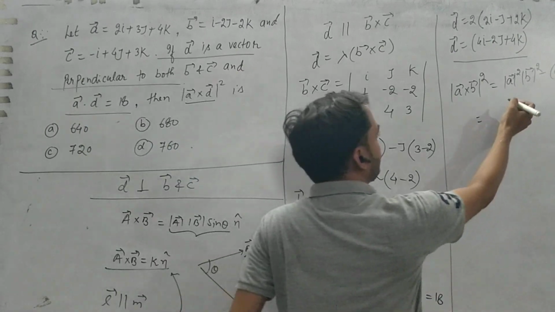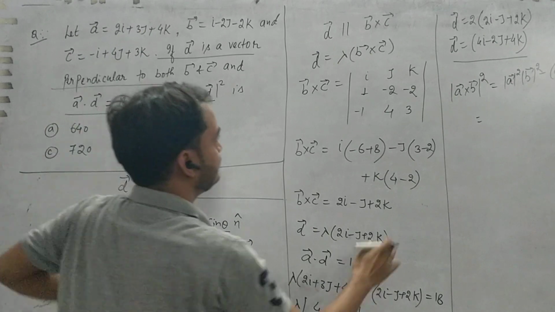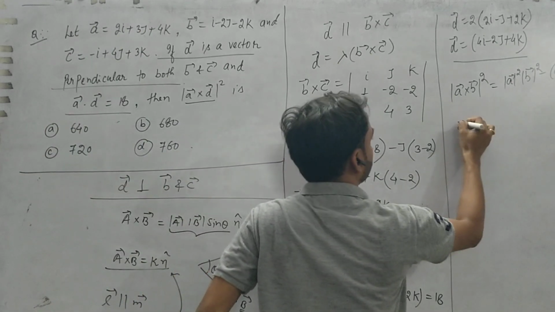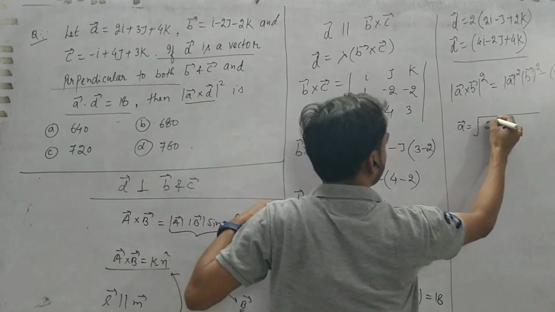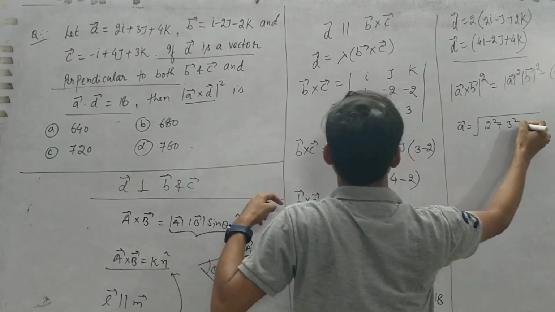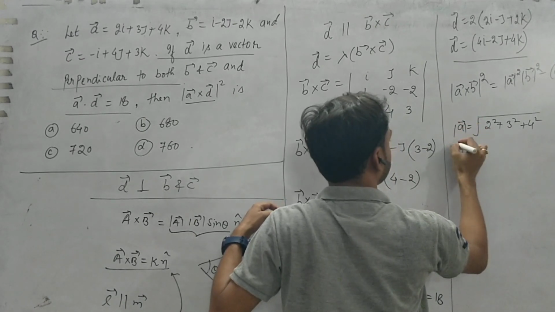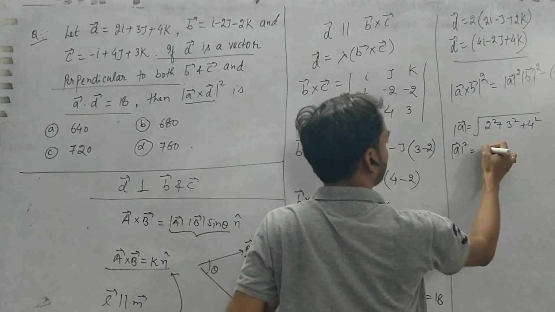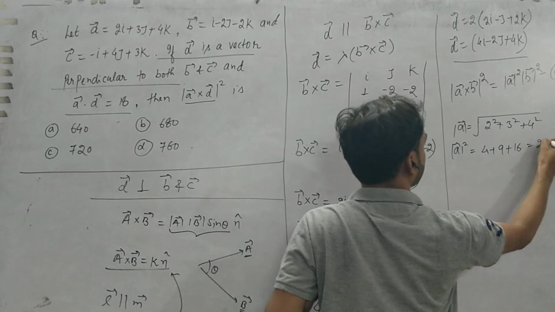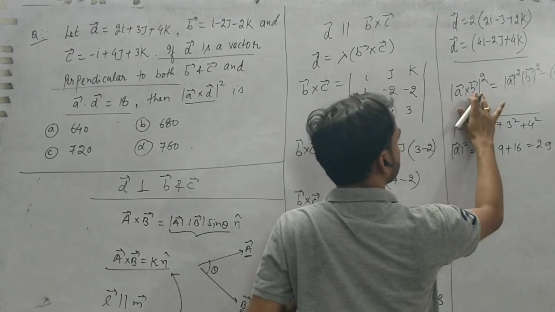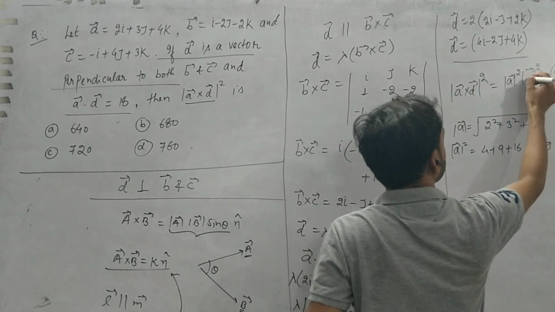Now square of magnitude of A vector. The magnitude of A vector is under root of 2 square plus 3 square plus 4 square, and the square of magnitude is 4 plus 9 plus 16, that is 29. And similarly this is for D vector. If we replace this by D vector, this will be correct.